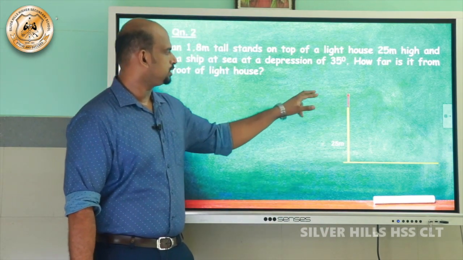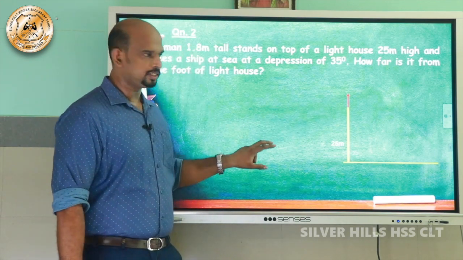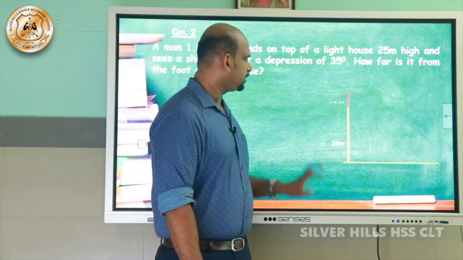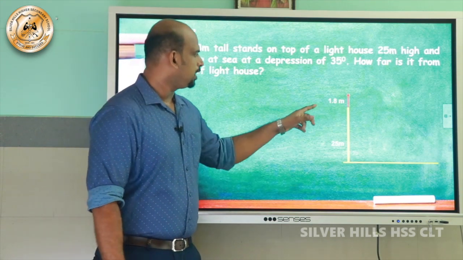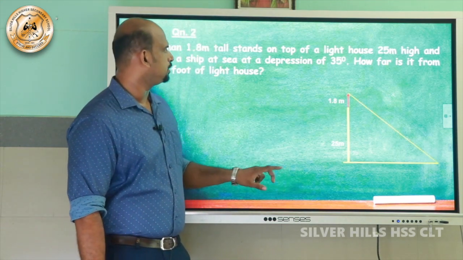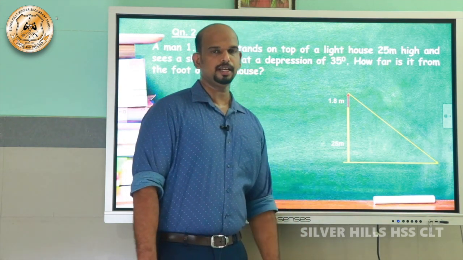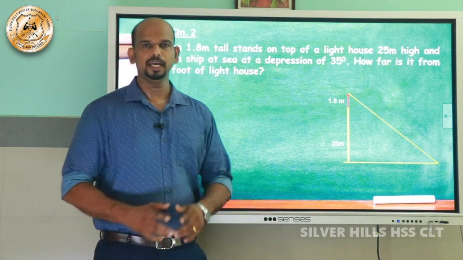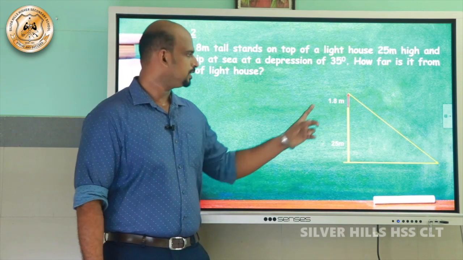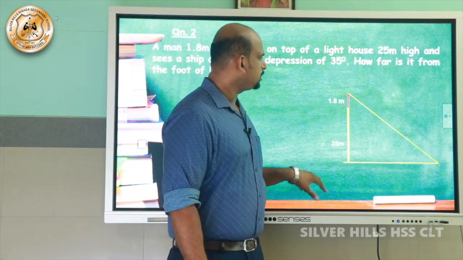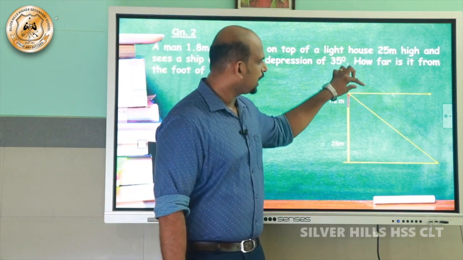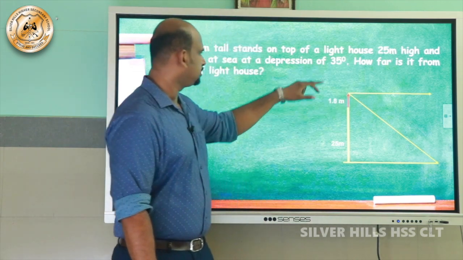On the top of the tower stands a man whose height is 1.8 meters. From this point, the man sees a ship at a depression of 35 degrees. The angle of depression is the angle between the lowered view and the straight view. So the angle between these two lines is 35 degrees.